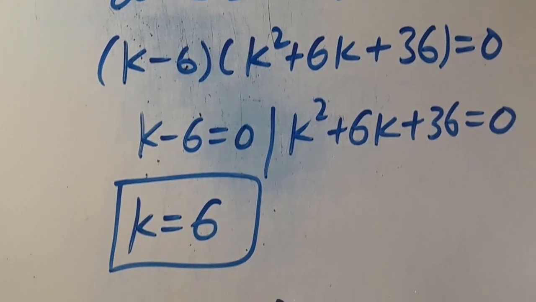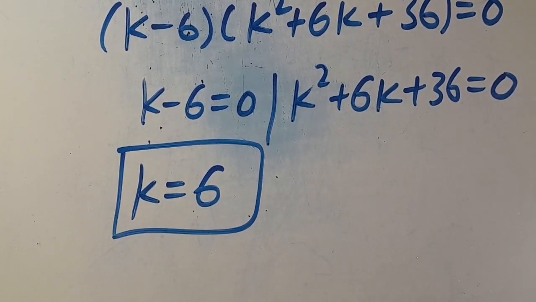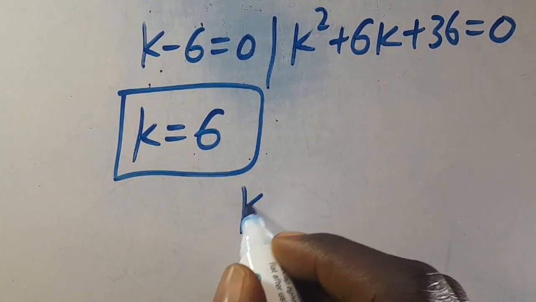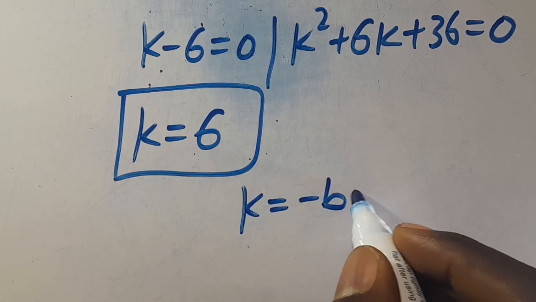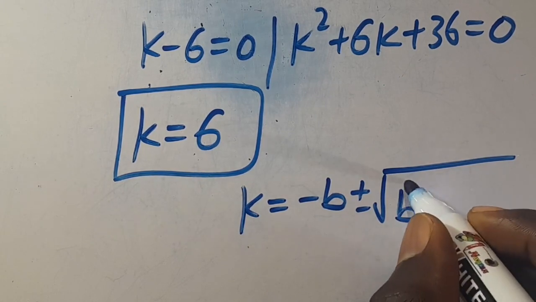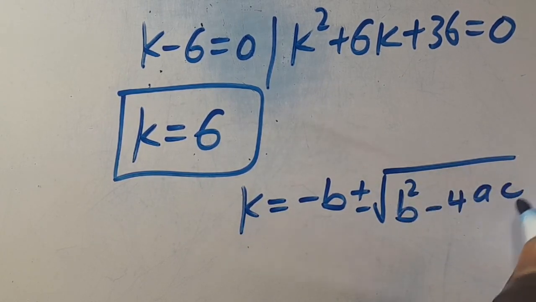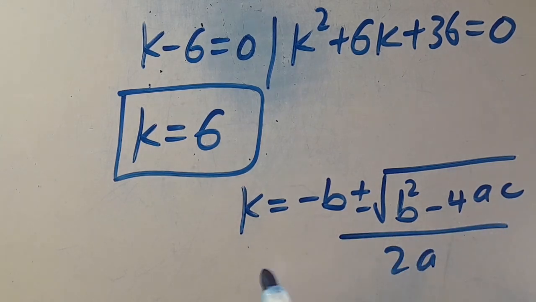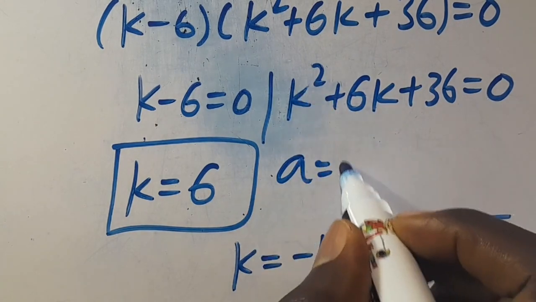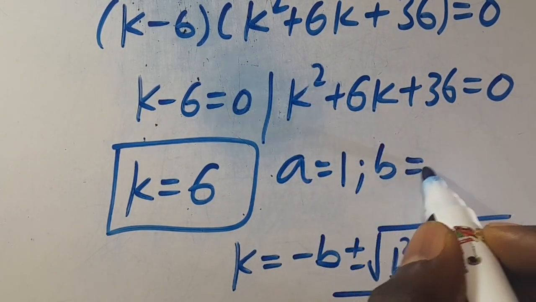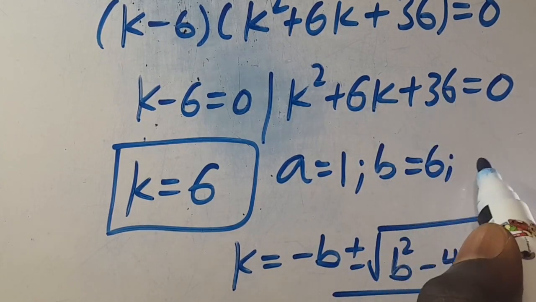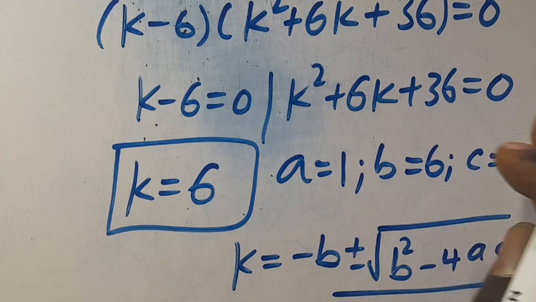Then to get the other solutions, we use k equals minus b, positive or negative, square root of b squared minus 4ac, divided by 2a, where the parameter a is the coefficient of k squared, 1. Parameter b is the coefficient of k, 6. Parameter c is the constant, which equals 36.